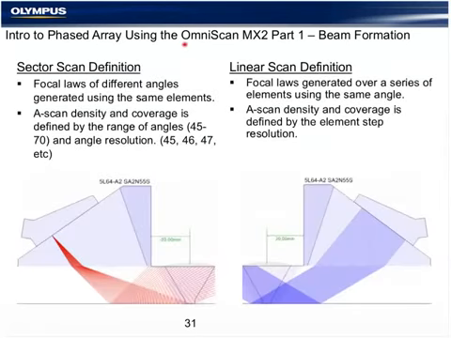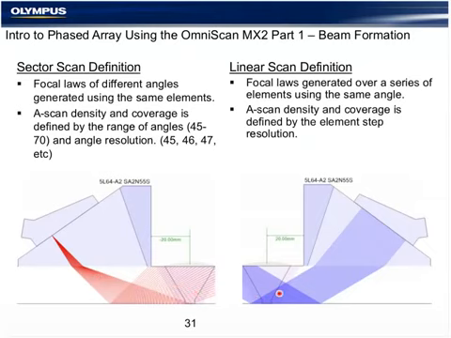And those come in basically two different groups of inspection strategies, or scans they call them. There's many forms of these, but the two most common and the two that are supported directly in the OmniScan calculator are a sector scan group and a linear scan group.